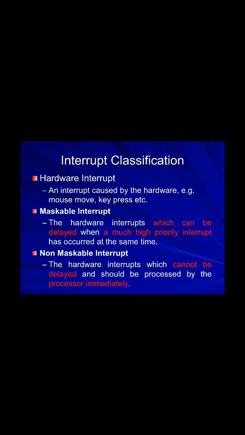Suppose you are working in PowerPoint, making some assignment, and immediately PowerPoint stops responding. So this interrupt is maskable, meaning that at the same time your processor can execute other applications. Only PowerPoint is halted. It will not harm the execution of other jobs.